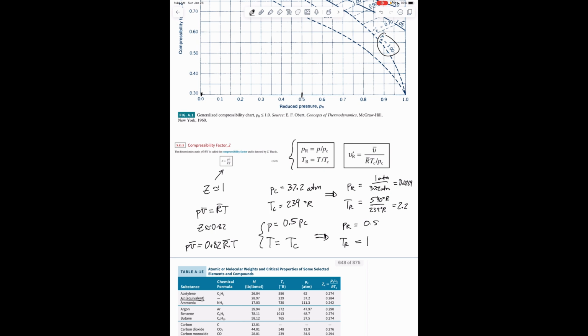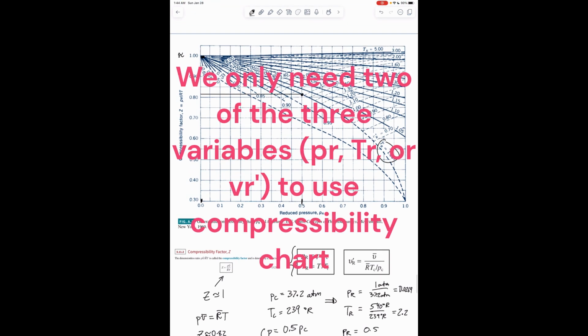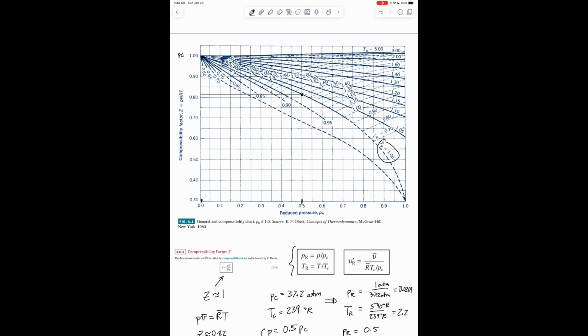When these conditions are not true, our ideal gas law has to be modified to be more realistic. And this chart is a pretty important tool in a lot of engineering applications. I just want to give a quick introduction to this before Professor Altridge gives a more in-depth analysis.